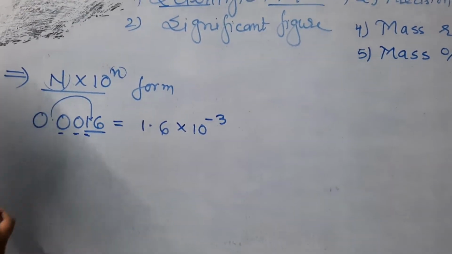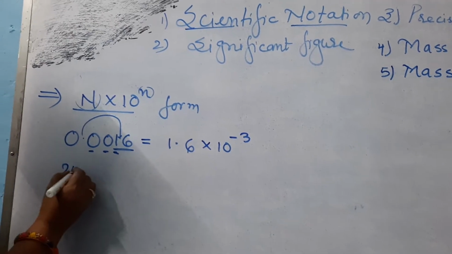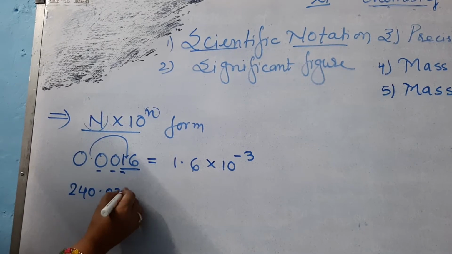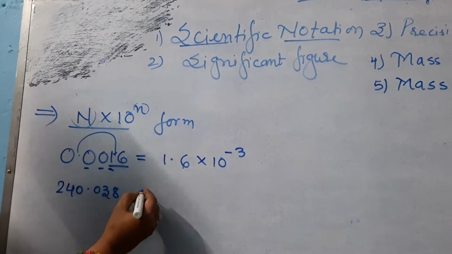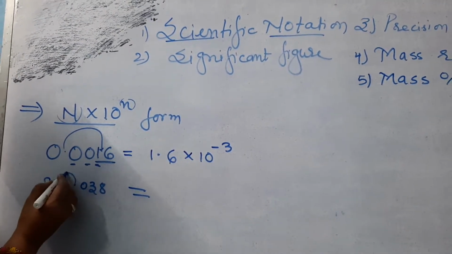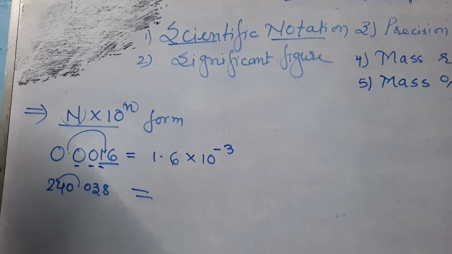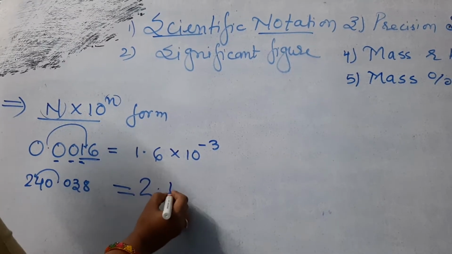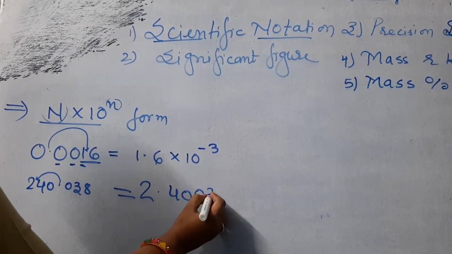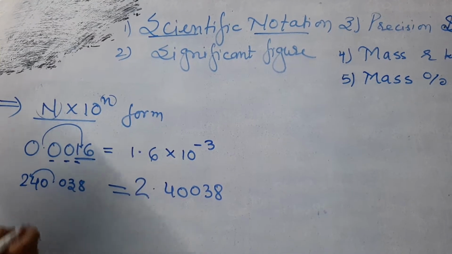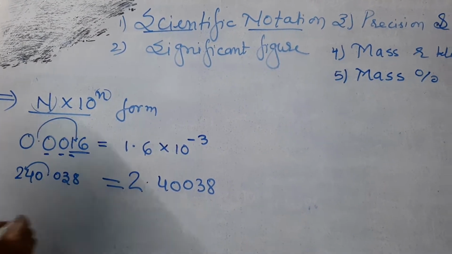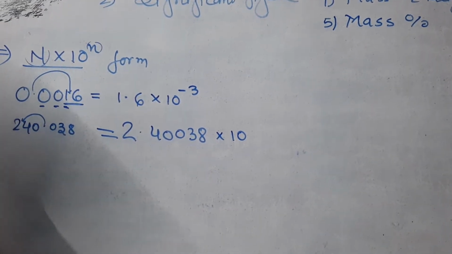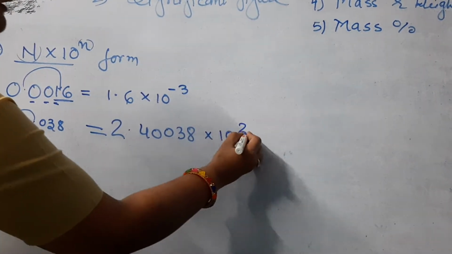One more number I take for you, beta: 240.038. Suppose this is the number. Then you move 2 steps forward, and what do you get? 2.40038, isn't it? 2.40038 into 10 to the power, कितना स्टेप फॉरवर्ड गए हैं? 2 स्टेप, 10 to the power 2.